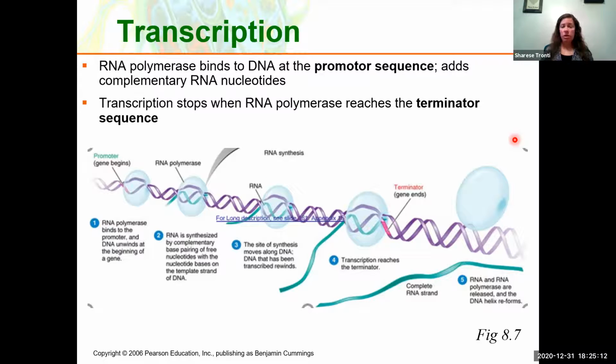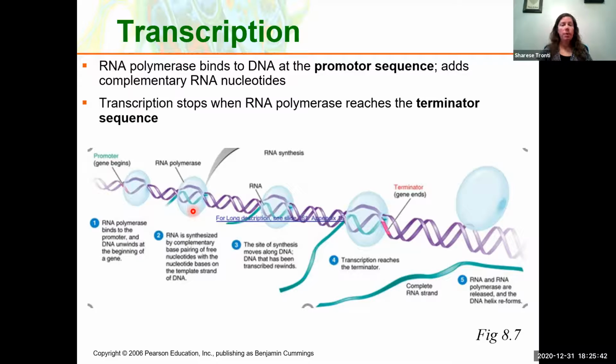This is important for conserving energy because making proteins takes a lot of energy. So there's no point in making proteins that the cell doesn't need. So transcription is only going to transcribe genes that are needed at that time. The way the cell controls this is it's going to start transcription at the start of a new gene, the gene that's needed.